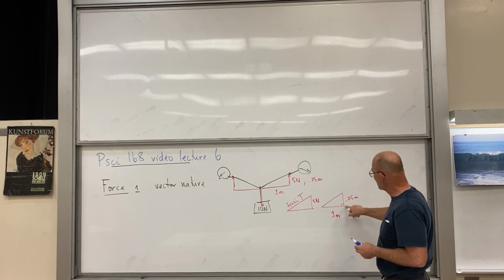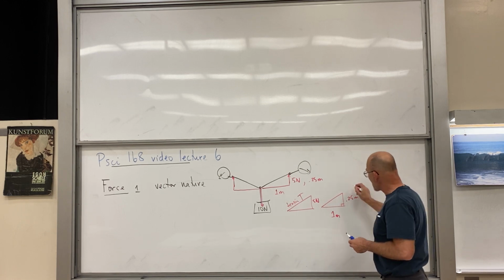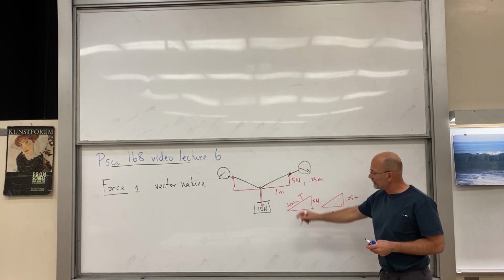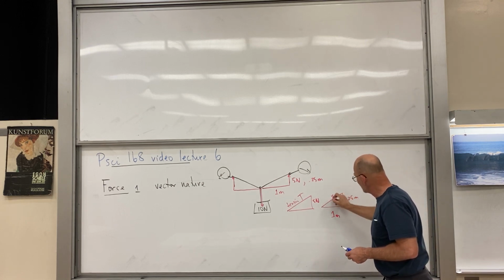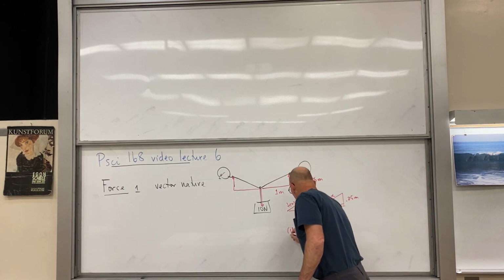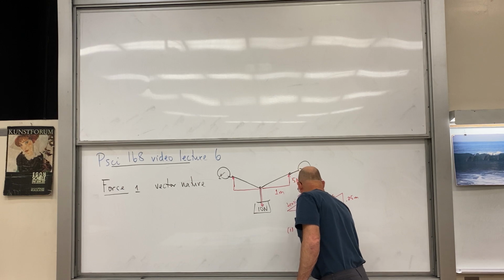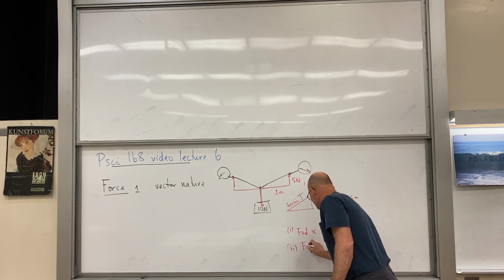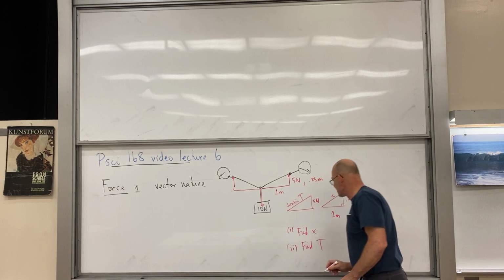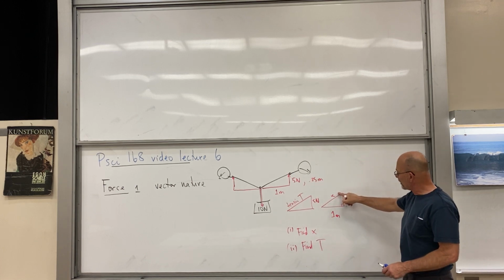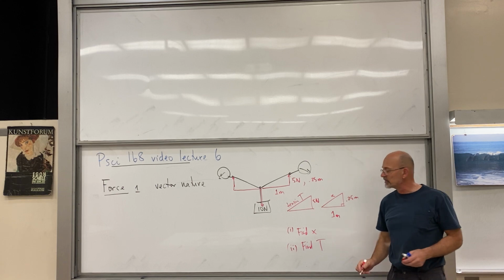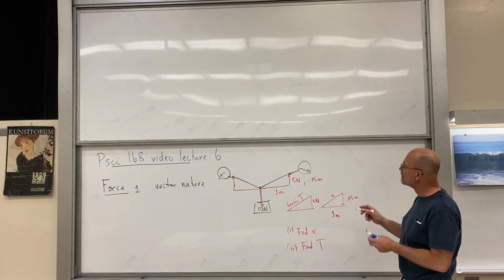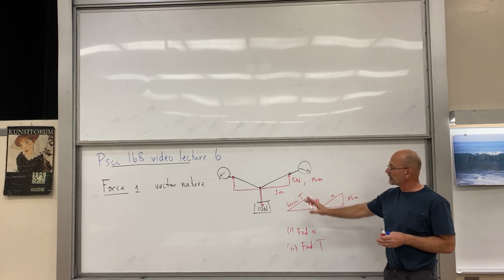So 0.25, 1, what's the hypotenuse? And then do similar triangles. So find x, and then the second part is find T, the tension. So x will be some number of meters, and T will be the tension in newtons. Okay. So that was the vector nature of force.